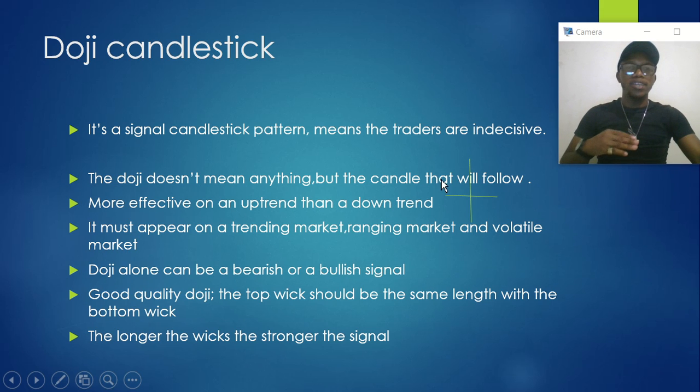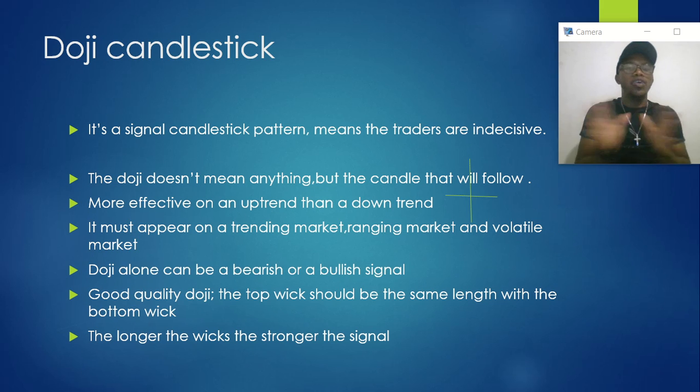Like you can see in my diagram here, it's just a cross, because the Doji candle doesn't mean anything on its own. The thing that will give us a meaning is the candle that will follow after the Doji candle.